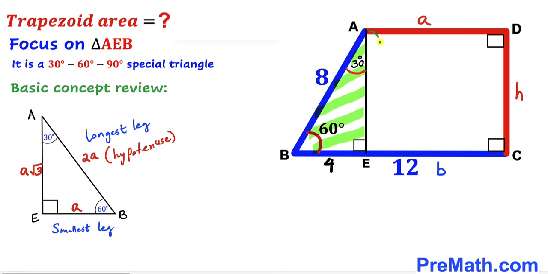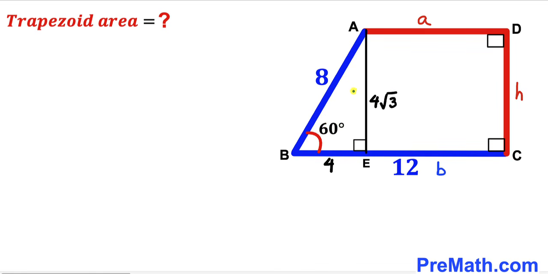And the third leg has got to be 4 times the square root of 3. Now let's make an observation. This AE length equals this CD length. Both are the heights, and this length is 4 times the square root of 3. So our height h turns out to be 4 times the square root of 3.